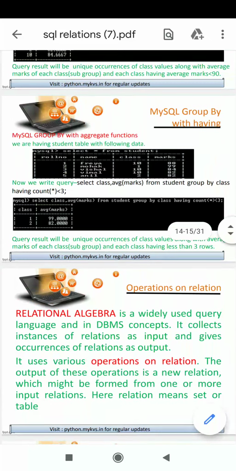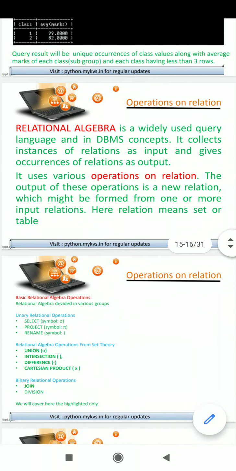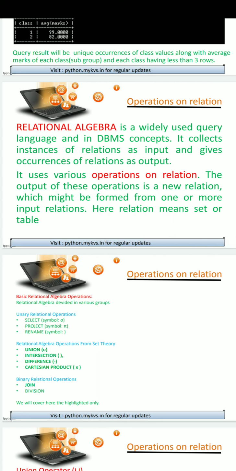In earlier classes, we have gone through the contents: order by, group by, and having clause. Order by clause is used to retrieve data in some order, either in ascending order or descending order.